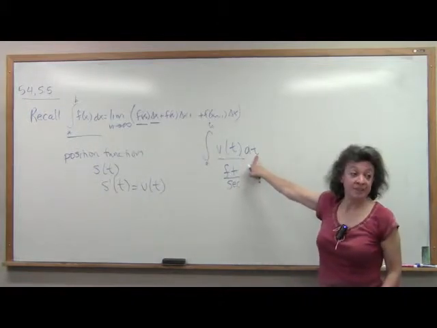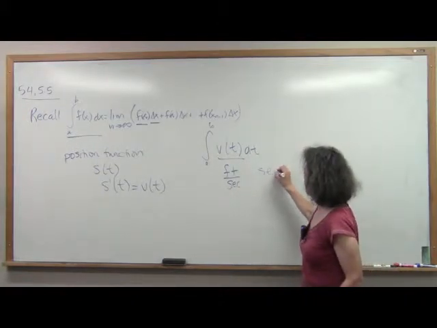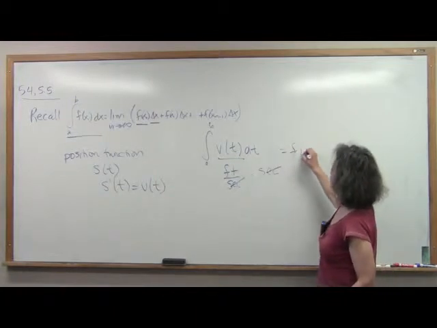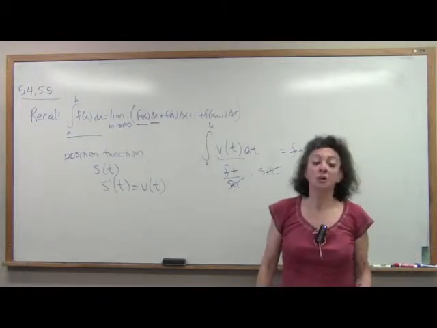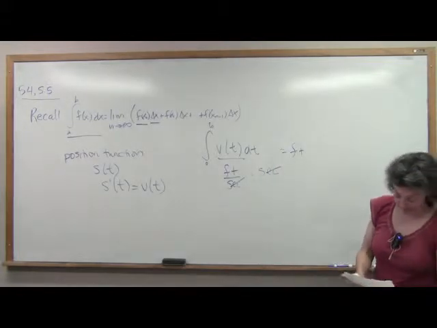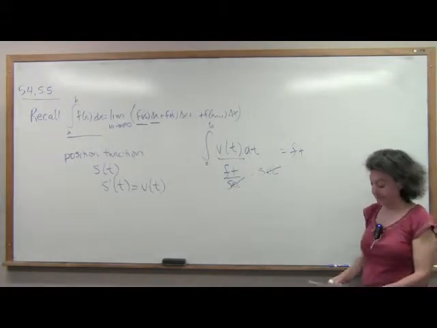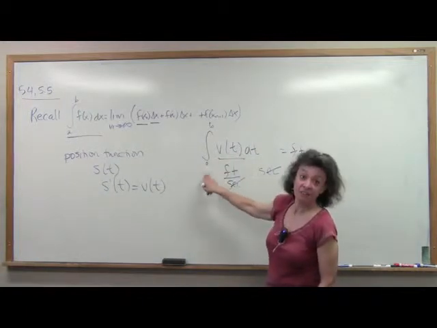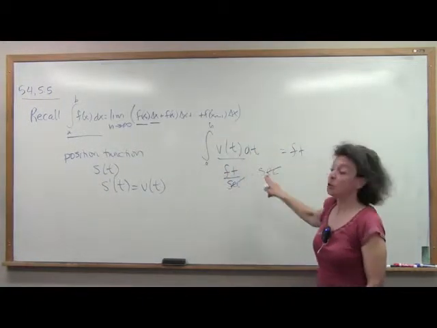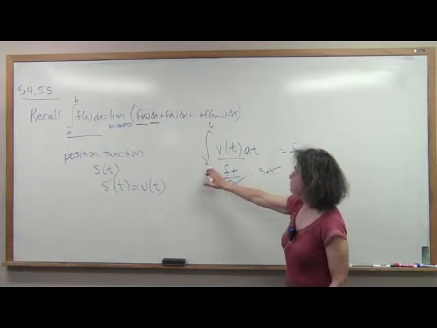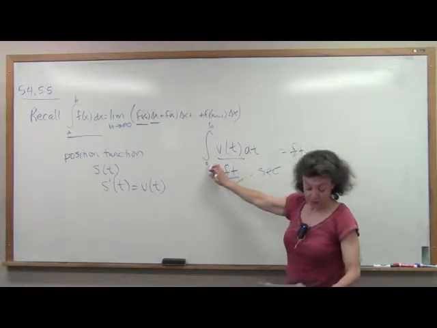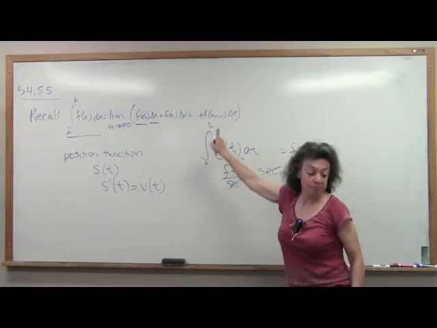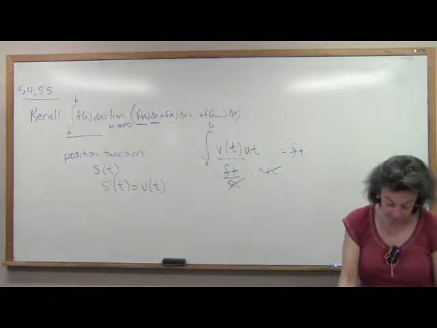What are the units of our time? Those are seconds. Notice we cancel out. And when we take the definite integral, we're going to get back to our feet, okay? Just as we would expect. So when we talk about the definite integral of our velocity function from a to b, what we're talking about is precisely the change in distance from time a to time b, okay?